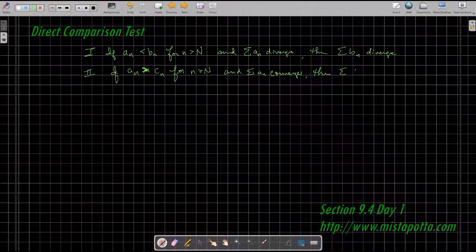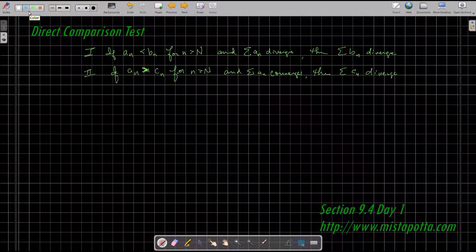Then C sub n must also diverge. And I want to do a couple of examples of this to kind of talk about what's going on here.